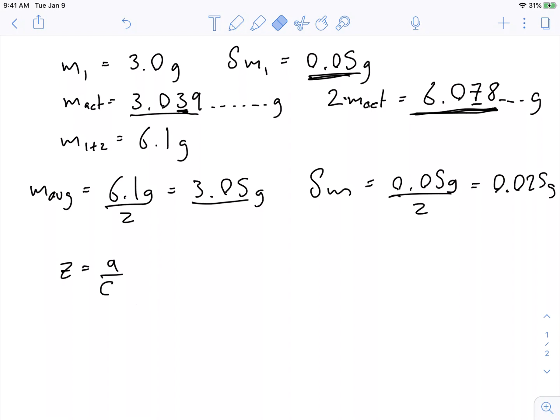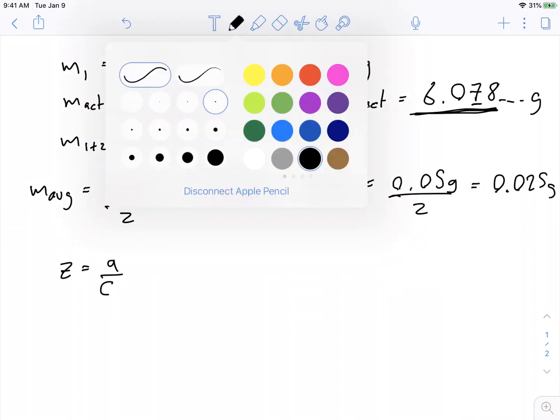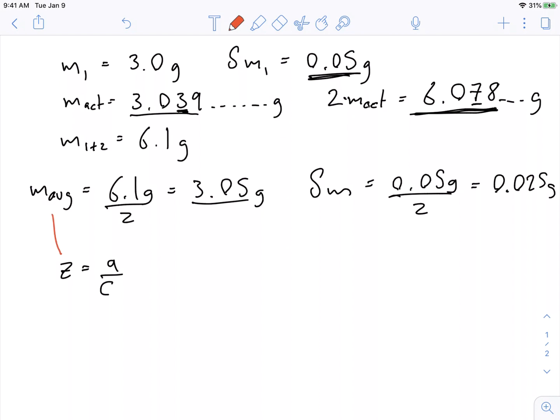So we just get, this is our uncertainty. And let's make some connections here. So Z is my mass average. A is M1 plus M2, right? And C is this constant here, 2, right? Because that's my formula that I'm using to take the average.